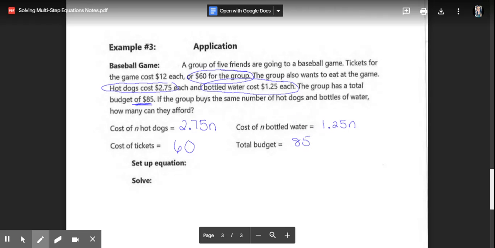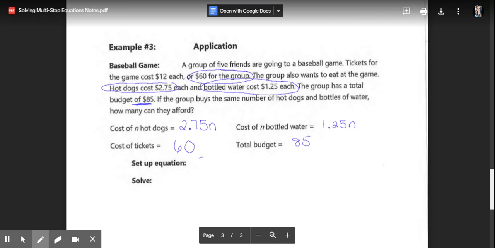All right, now that we've set up each piece of the equation, we're going to put that all together to make an equation. The first 3 things all represent the cost of something being bought. They're buying hot dogs, and they're buying water, and they're buying tickets. Because I'm buying these 3 things, those 3 things need to be added together.